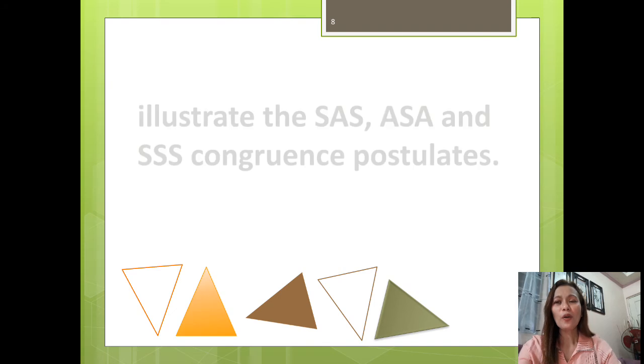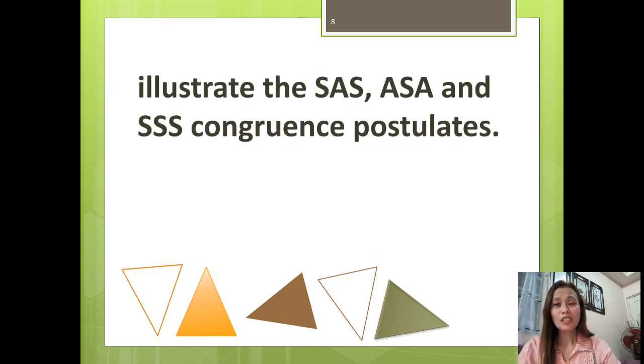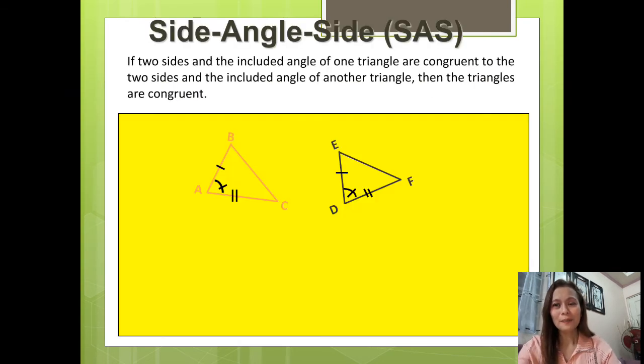Okay, so at this point, we're going to illustrate the side-angle-side congruence postulate. The first one is SAS, same as side, angle, side. If two sides and the included angle of one triangle are congruent to two sides and the included angle of another triangle, then the triangles are congruent.